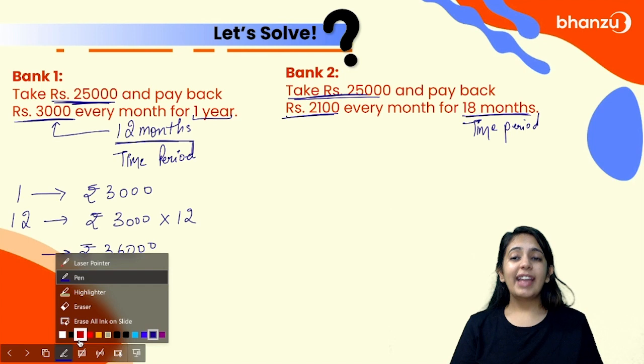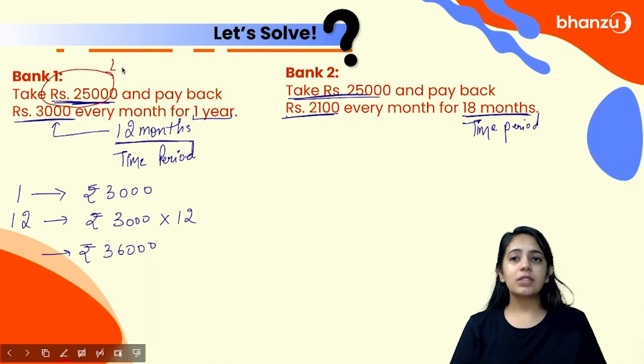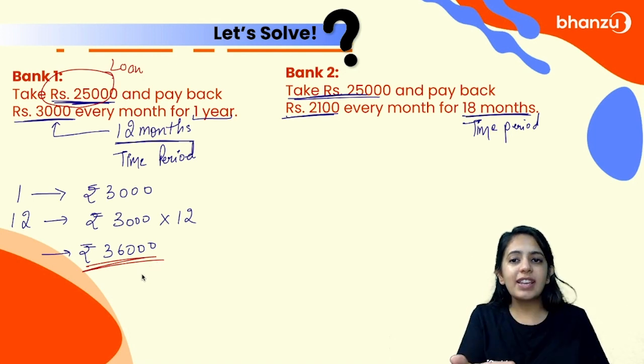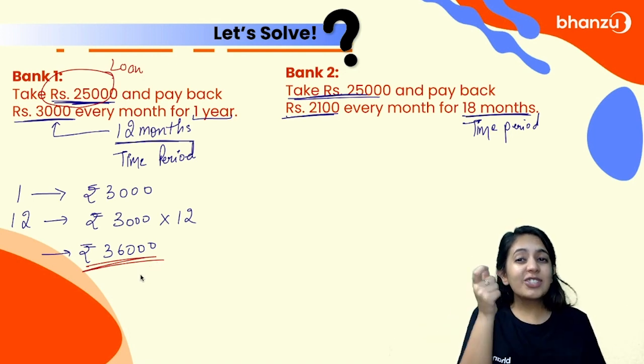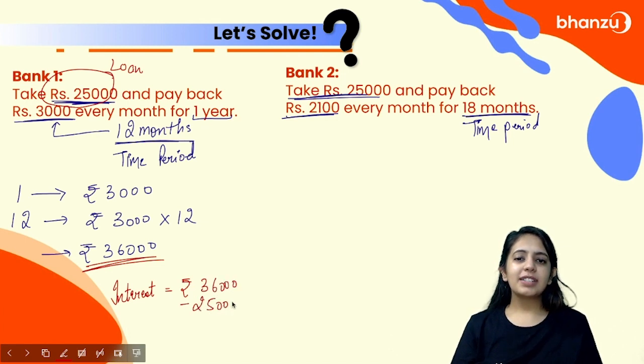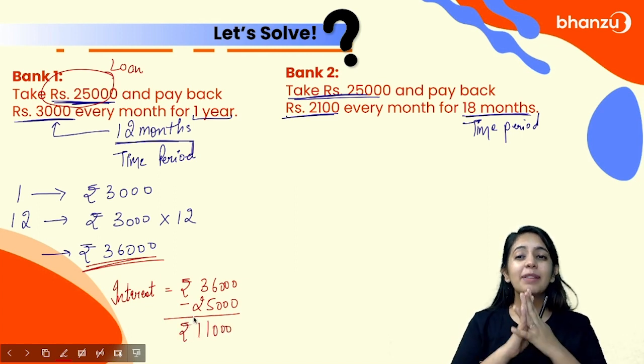Although Adrian has taken only 25,000 of loan from the bank, he is paying rupees 36,000 to the bank. How much extra is he paying? When you hear the word extra, the word interest should come to your mind. In order to calculate the interest, you must subtract the amount taken as loan from this amount. And the answer is rupees 11,000. So that means bank 1 is charging an interest of rupees 11,000.